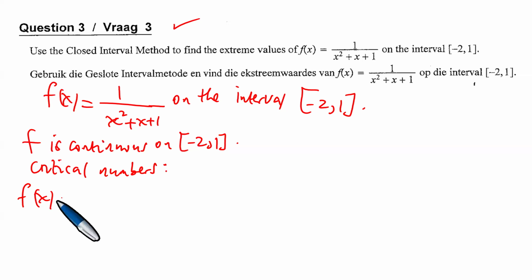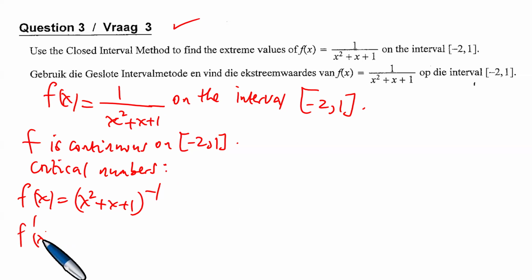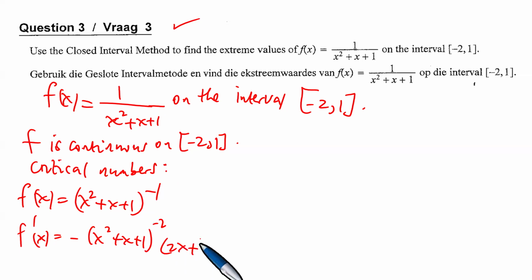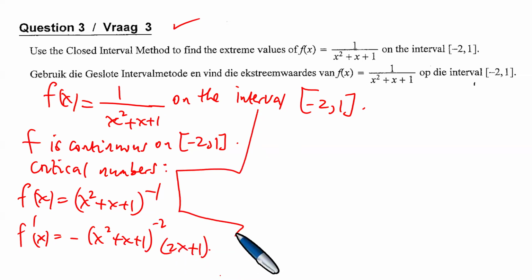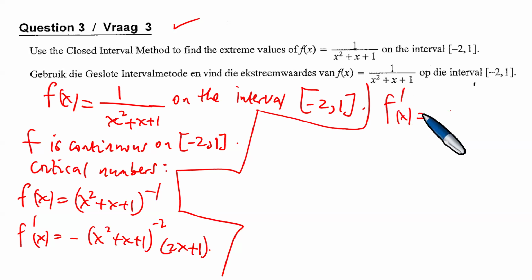You can write f of x as x squared plus x plus 1 to the power negative 1. F prime would be negative x squared plus x plus 1 to the minus 2, then the derivative of the inside, which is 2x plus 1. Which means you have f prime equals minus 2x plus 1 divided by x squared plus x plus 1, and you can put some parentheses here.